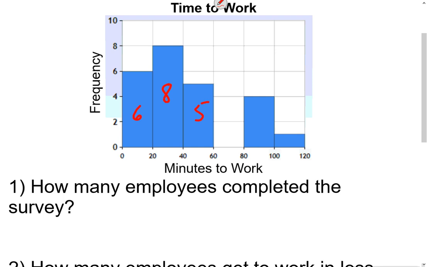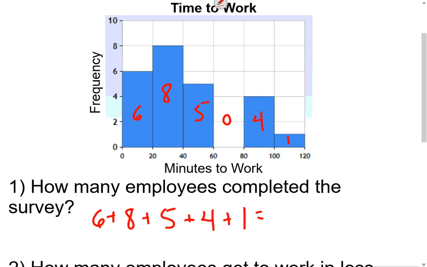Then there's this spot here where there's no bar. This has 0. Most people, I think, would figure that out. And then the next bar, there's 4 in this one, and then this one's in between the 0 and the 2, so there's 1. Now, if I want to know the total number of people who surveyed, I just take those numbers, the 6, the 8, the 5, I'm not going to write down the 0, the 4, the 1.